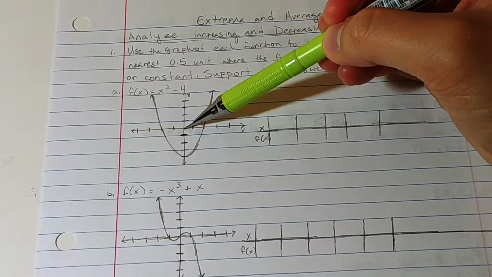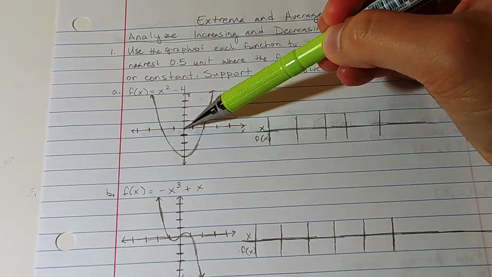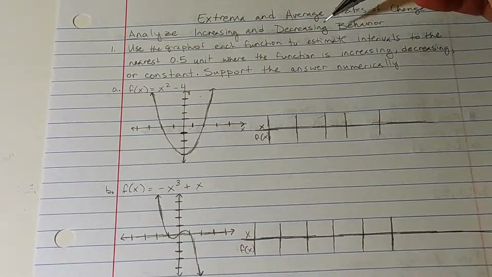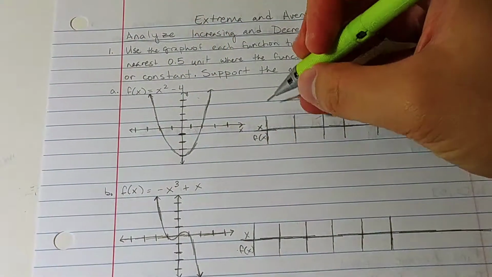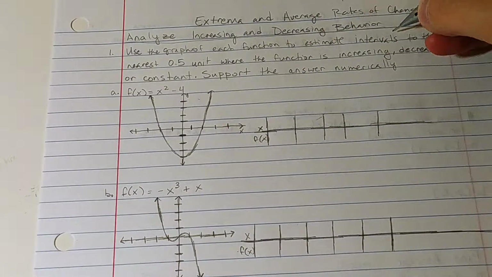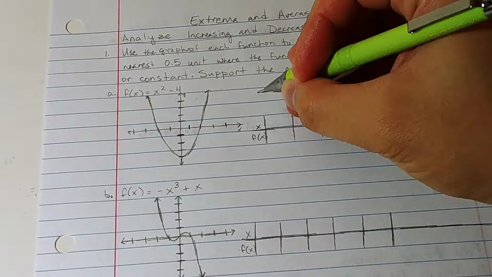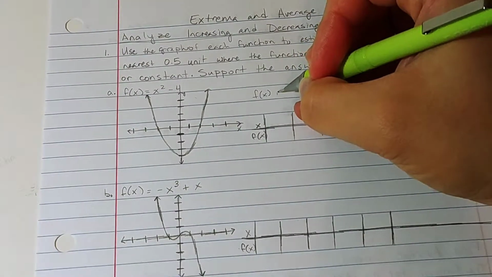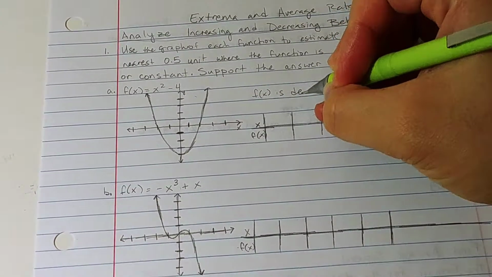And you want to look at the x. So right here, go up to the x-axis, and we have 0. Okay. So it looks like it's decreasing until 0. So f of x is decreasing.